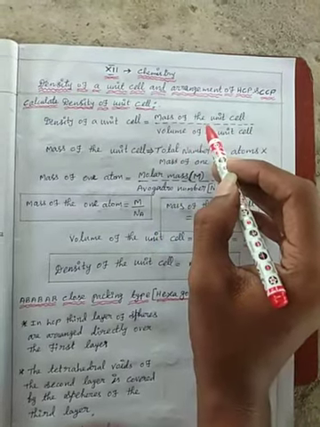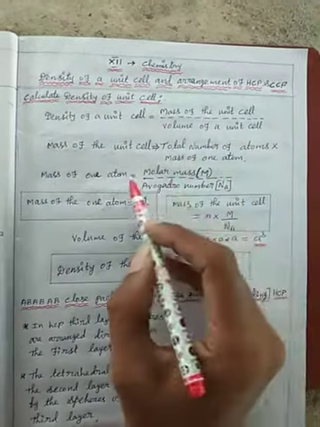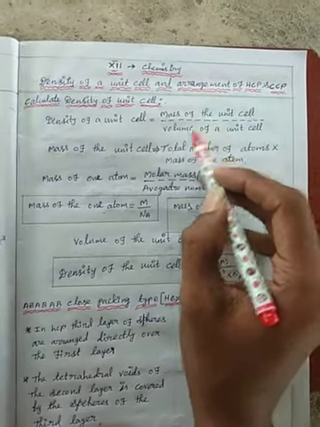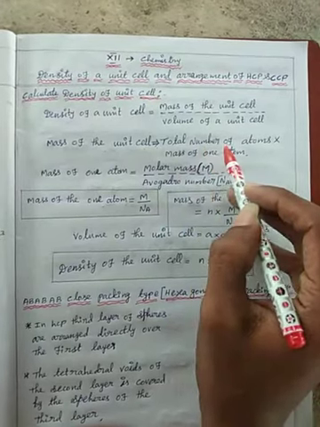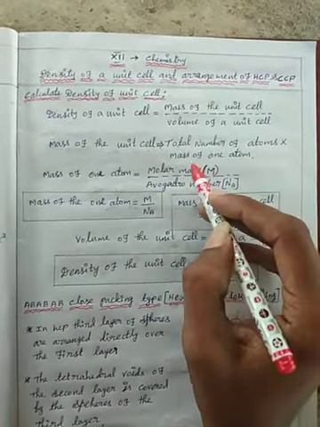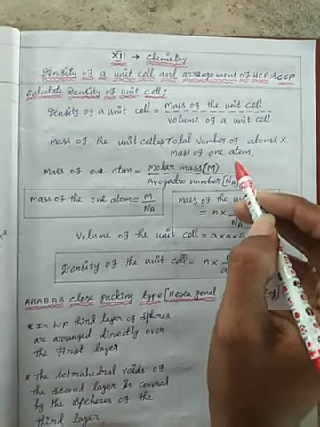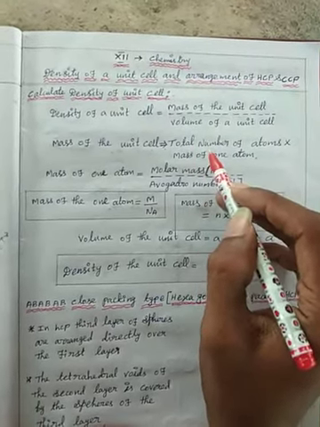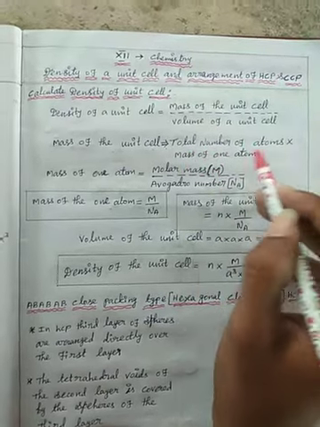The mass of the unit cell is the total number of atoms present in the cubic unit cell multiplied by the mass of one atom. So first you calculate the mass of one atom, and then multiply it by the total number of atoms present.